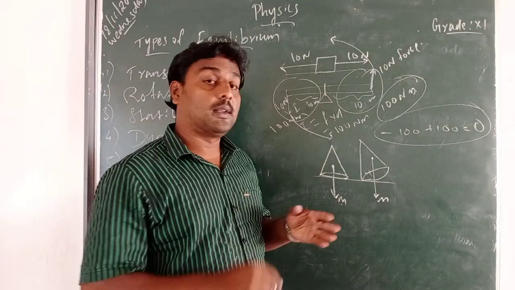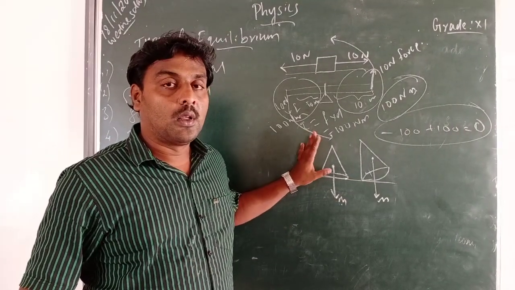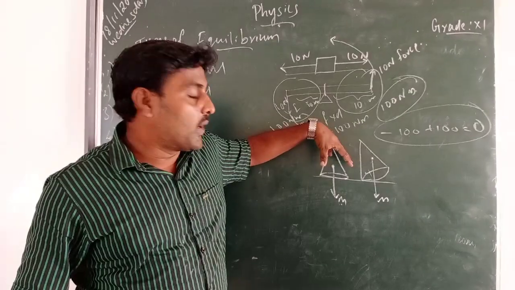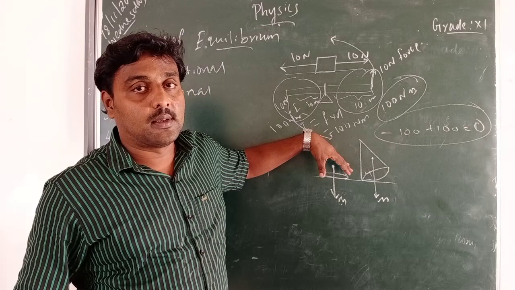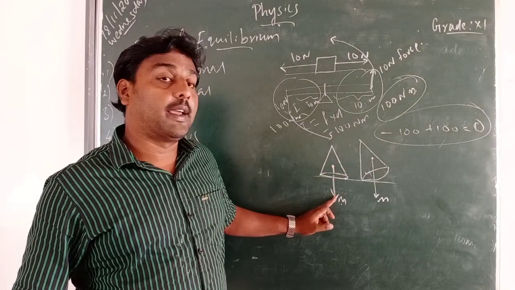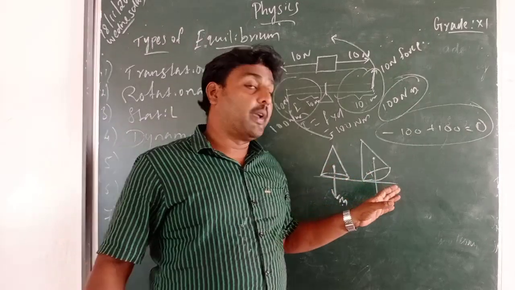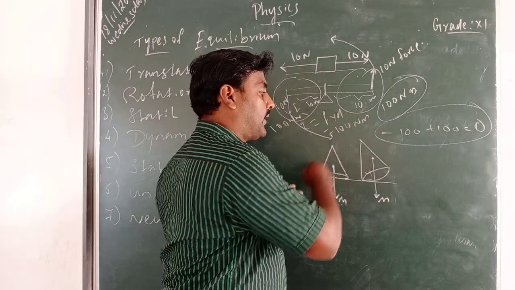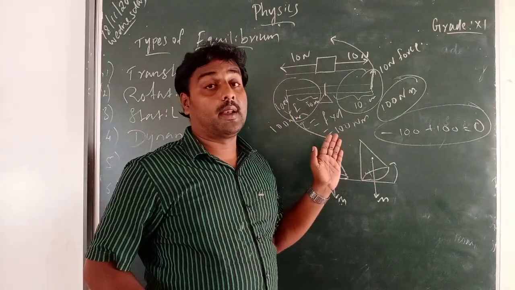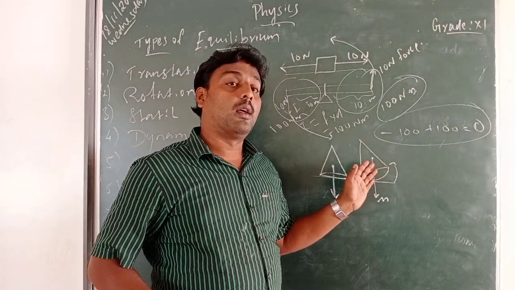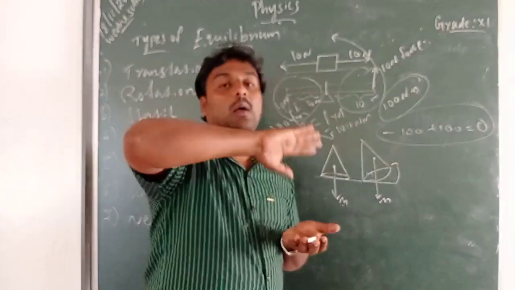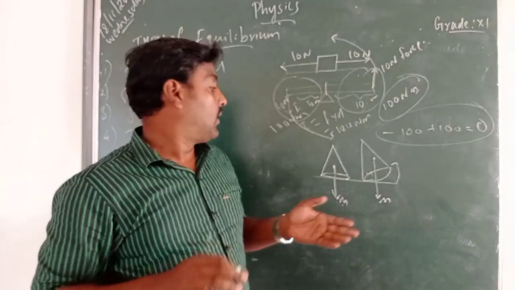Understand the concept? Assume one cone is like this. You can easily place it by its base. When it is kept in this position, the center of mass is here. If you tilt or displace it slightly, then just touch and leave, it will come back to its original position.